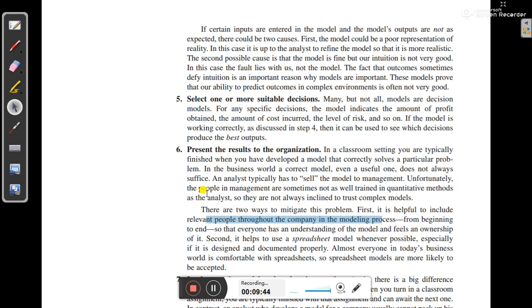Depending on the ability of the people to understand and execute the model, the choice will come. Second, it helps to use a spreadsheet model wherever possible, especially if it is designed and documented properly.